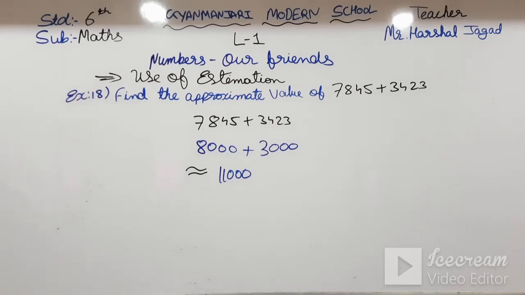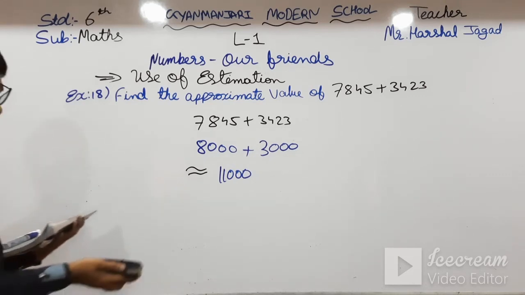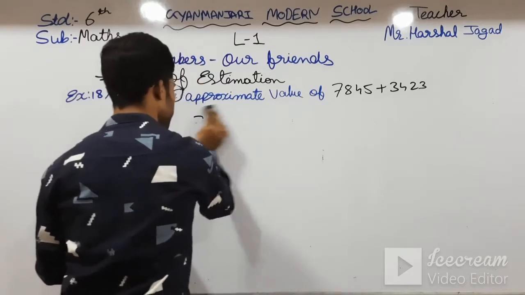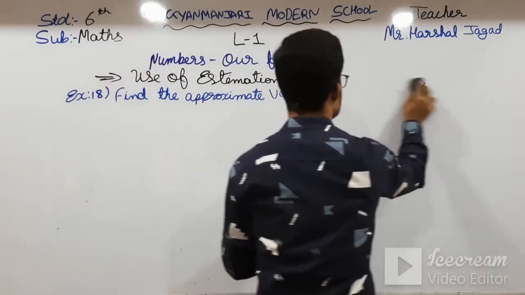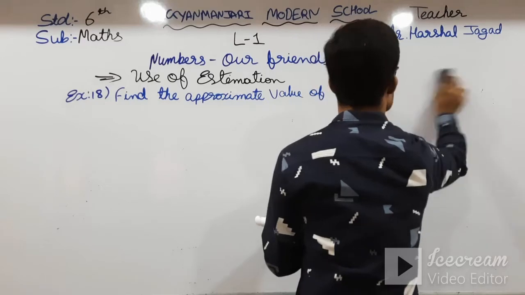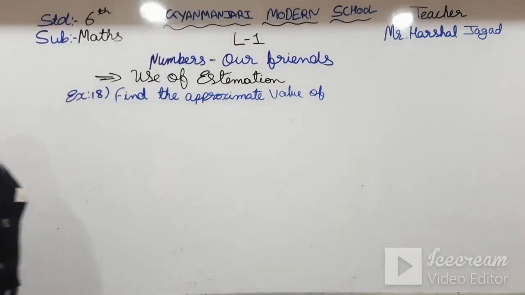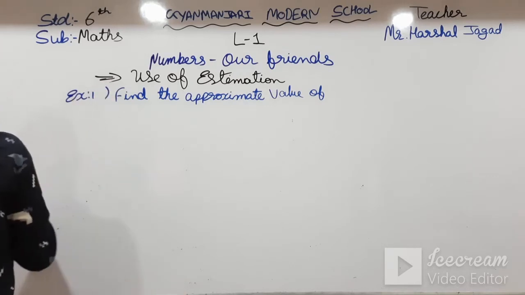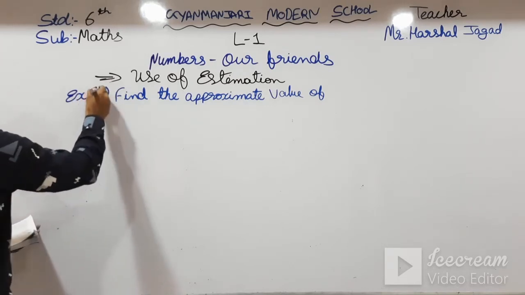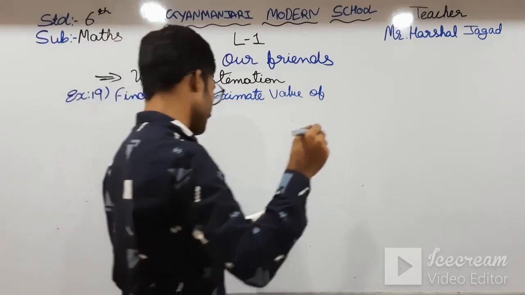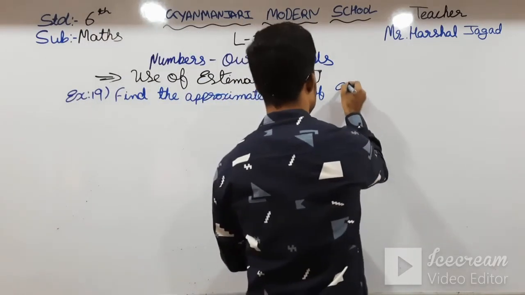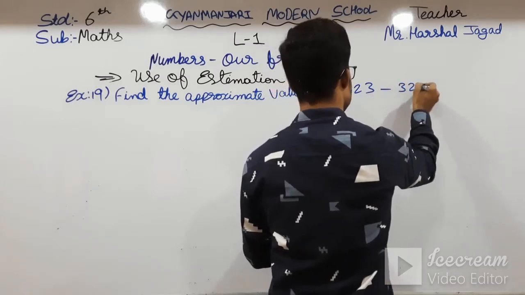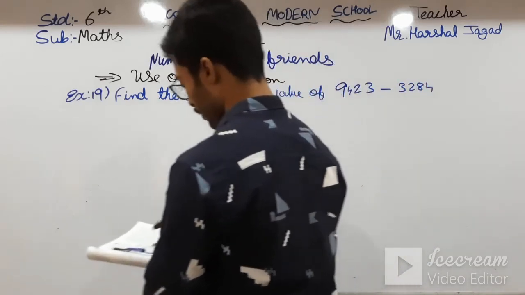Now example number 19. In this also we have to find the approximate value. Find the approximate value of 9423 minus 3284. So what do we have to do?